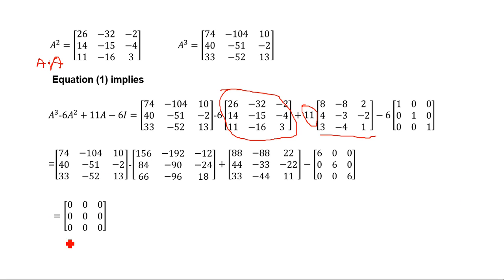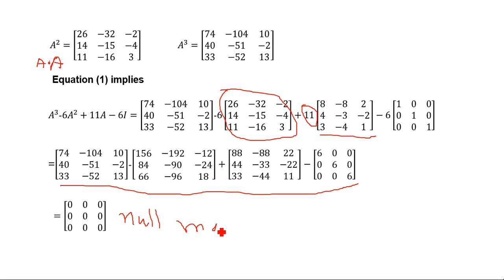And then when you are adding all this matrix, you should get that 0 matrix or null matrix. So this is called a null matrix.